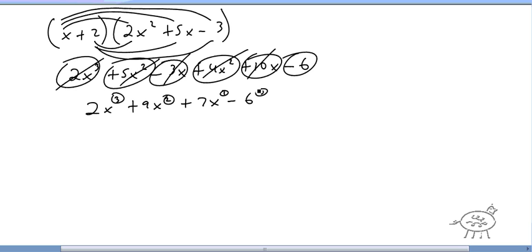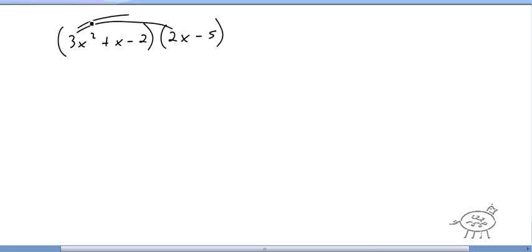Okay? Pretty mellow. Now, sometimes you even see this. I personally like to put the 2 first and then the 3. So if you're given something like 3x squared plus x minus 2 times 2x minus 5, you don't have to rewrite it, because you can just say 3 times that, and 3x squared times that, and x times that, and negative 2.